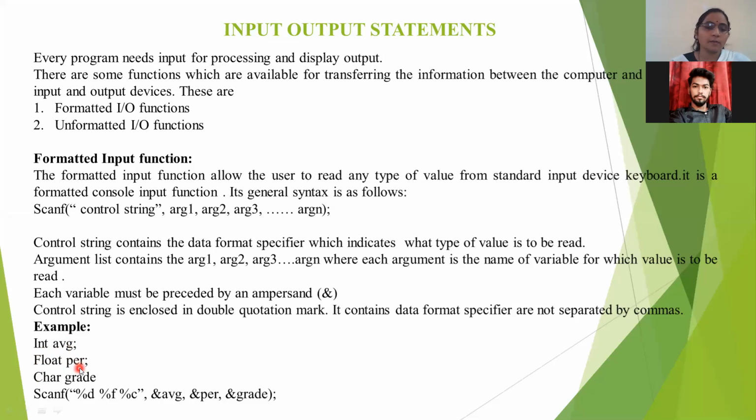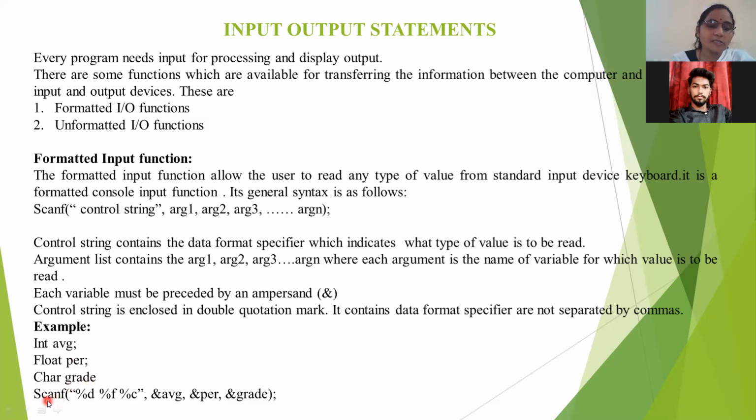The second variable is percentage, PER, of type float, meaning I want to store a decimal value in PER, and that's why I have taken the float data type. In AVG I want to store only integers, whole numbers, so I have taken the integer data type. Then grade, of type character, just like A grade, B grade, C grade.